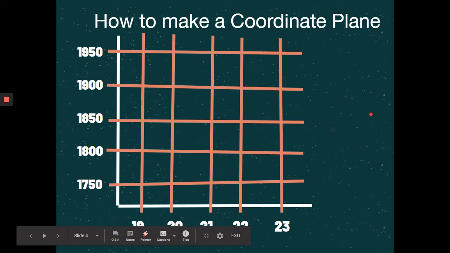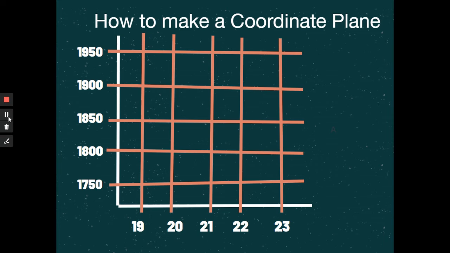Now, because my graph is an example, I'm going to go off of the example that I have, because it's my example. I'm not going to do it for you. You have to create your own and do it on your own. But this is just the way that you can do it.